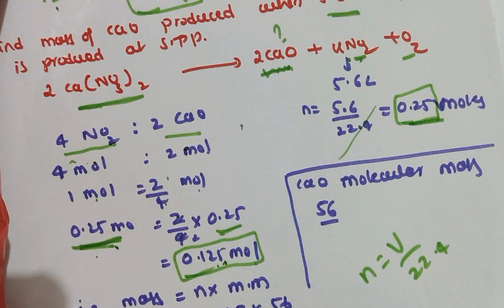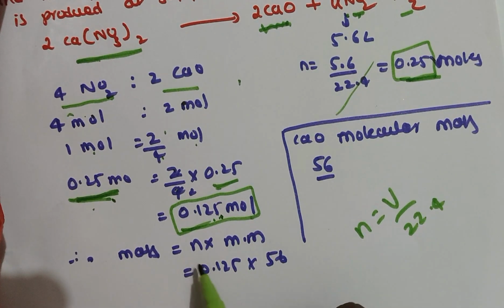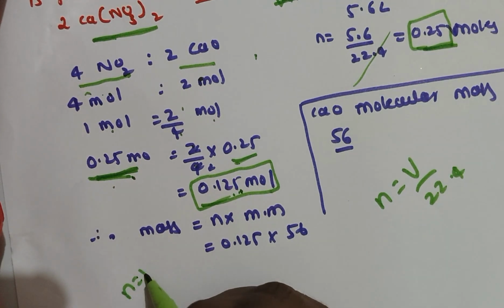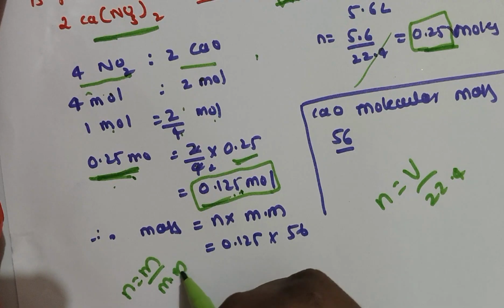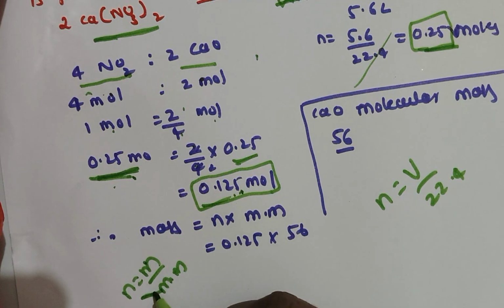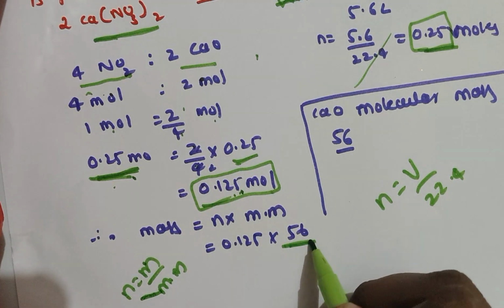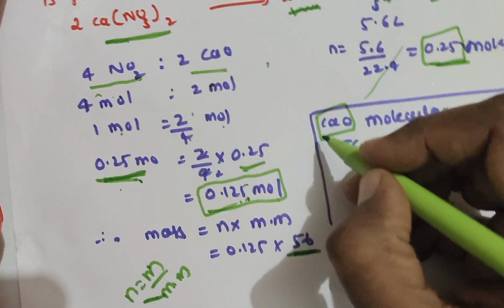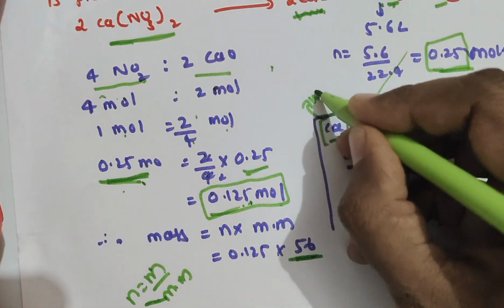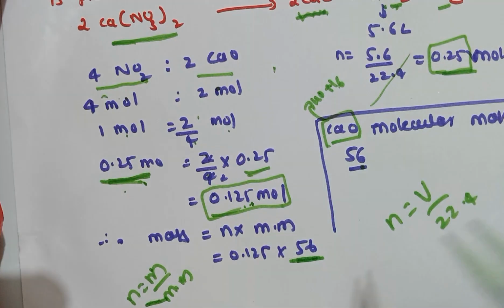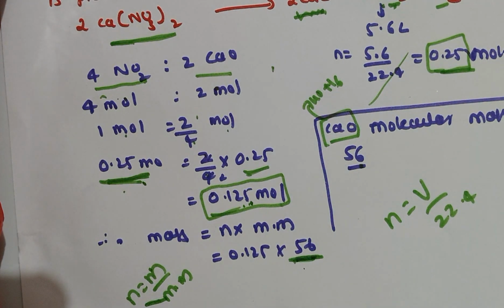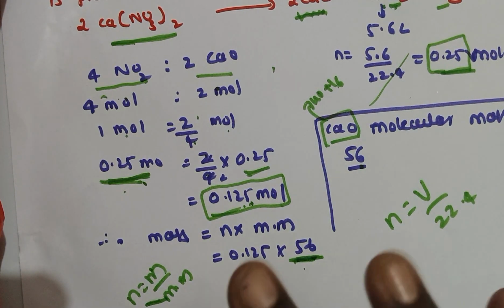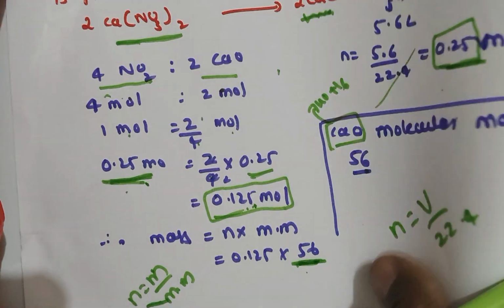Therefore, mass of CaO equal to, number of moles equal to mass divided by molar mass. Therefore, mass equal to number of moles into molar mass. Molar mass of CaO equal to 56. Calcium is 40 plus 16 oxygen, we get 56. This is the molar mass of CaO. On solving, we get the final answer. Is this clear to everyone?